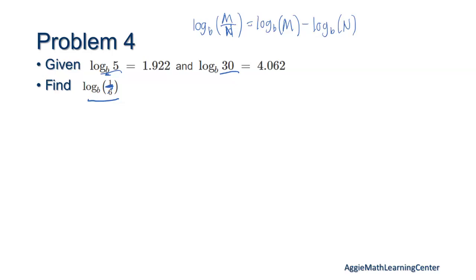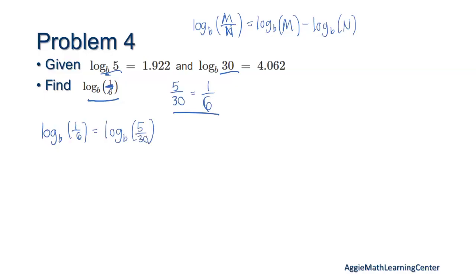After you've done a couple of these problems, you'll probably notice that there's always going to be some kind of simplification. In this case, 5 over 30 is the same as 1 over 6. So we're basically just going to use that information. If I have log base b of 1/6, that's the same, because these fractions are equivalent, as log base b of 5 over 30.